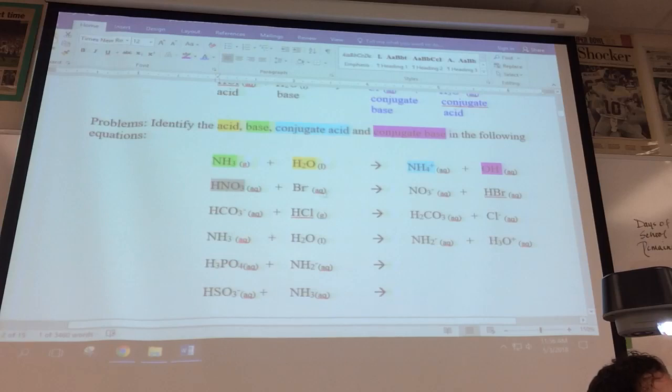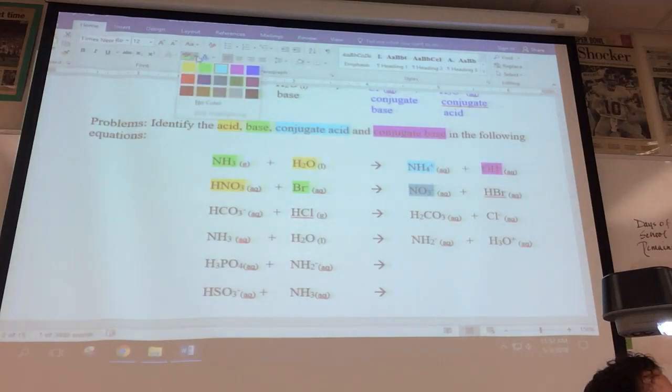This substance looks like this substance. This is going to lose, so this is the acid, and this is the, and therefore this has to be the base, and this has to be the, did I mess it up? I did. What did we say this was? That's the conjugate base. Bad color.